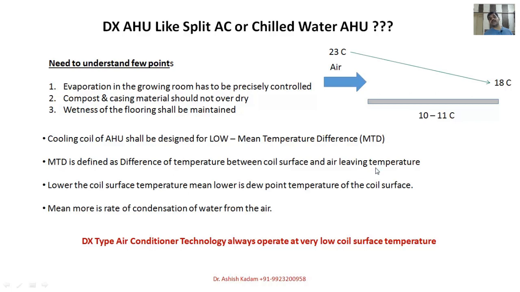And another point I would like to address here is that in most of the DX type AHUs, the condensers are air cooled condensers. So generally they consume a lot of power. For example, if you are having chilled water based systems, then the chilled water system will consume around 0.8 kilowatt per 1 ton of refrigeration.